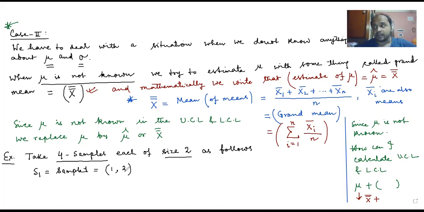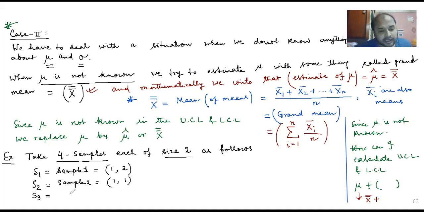Put it aside. Then shuffle and choose another 2 screws, and note down their axle diameters. That is your sample 2. So let us choose sample S2, which is called sample 2, and you are noting the axle diameters. Now I am just arbitrarily putting the values.